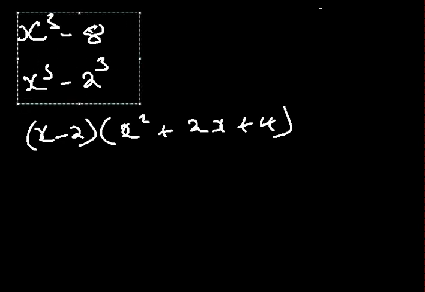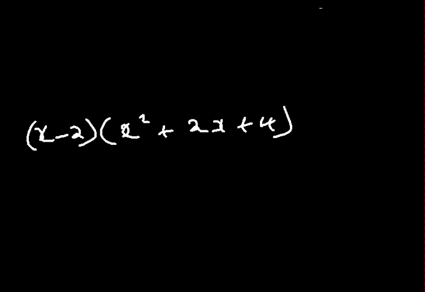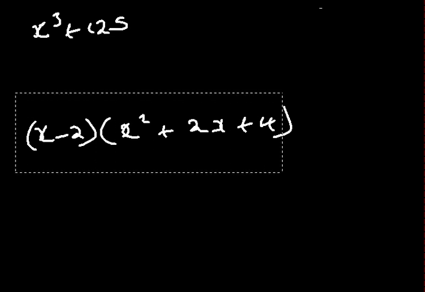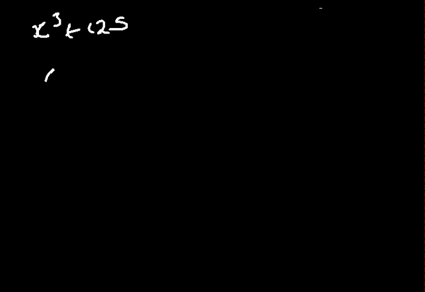And likewise, it could be the sum of two cubes. Let's say we have x cubed plus 125, how should we be able to factorize that one? Now we have the sum of two cubes, in the sense that we can have it as x to the power 3 plus 5 to the power 3.